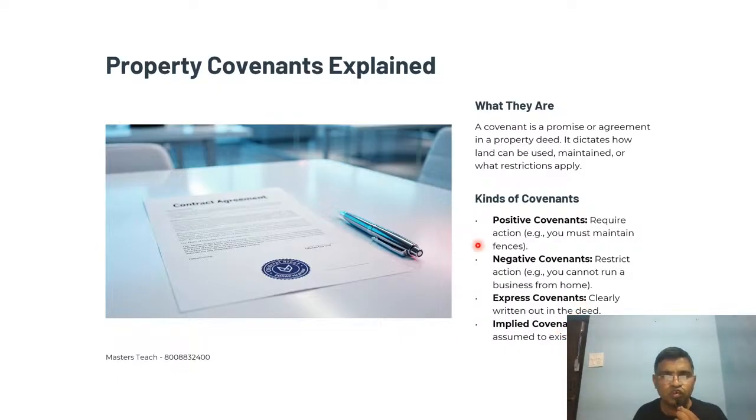What is a positive covenant? It requires action, for example, you must maintain the fence. The second one is a negative covenant, which restricts action, for example, you cannot run a business from home. Express covenant is clearly written out in the deed. Implied covenants are assumed to exist by law.